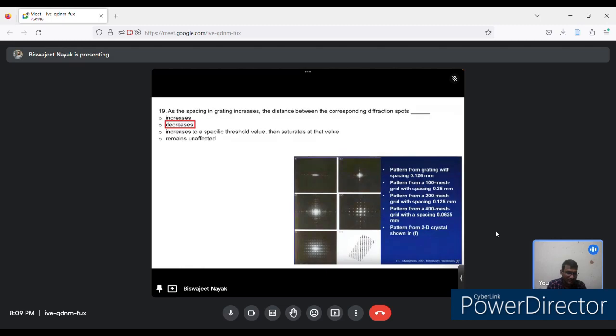We can see closely spaced spots with the least grating size. With 100 mesh grit with spacing 0.25 millimeter, it is a little bit better than this one. So as the spacing in the grating is increasing, the distance between diffraction spots is decreasing.